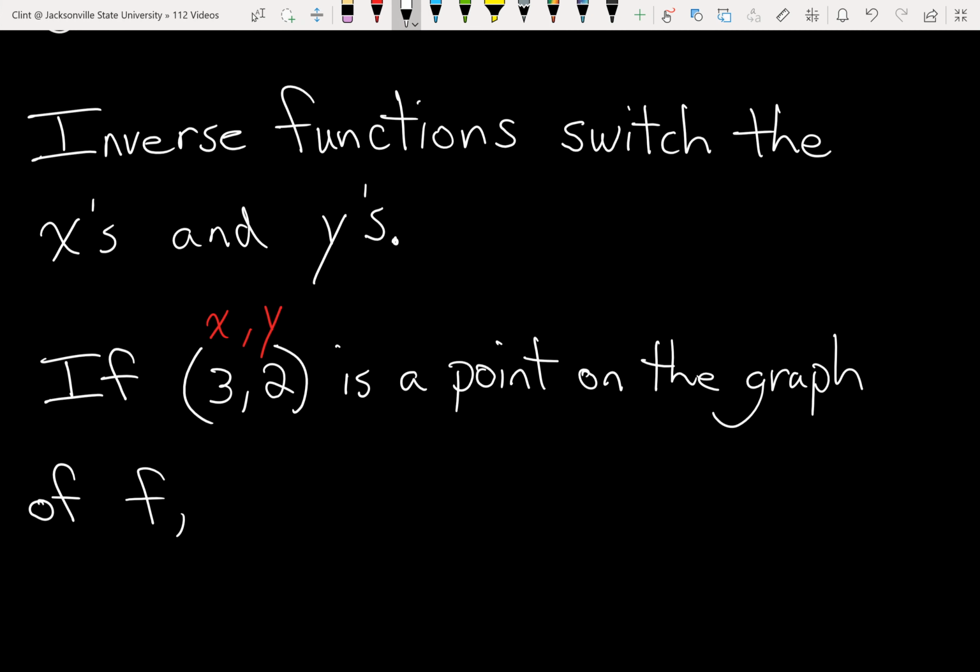Then if we have the inverse of f, the way we write the inverse of f is f with a -1 up in the exponent. That means f inverse, the inverse function of f.